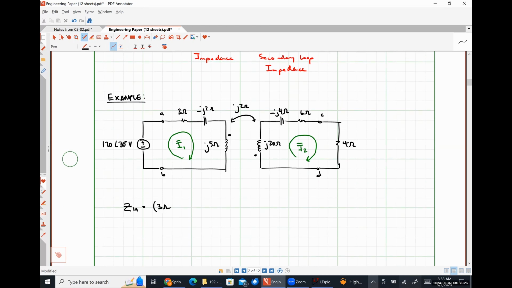What's the imaginary part? Positive or negative? Yep, so plus j3 ohms. Okay, so there's my primary loop impedance. We all okay with that? I firmly agree that positive j5 minus j2 is positive j3. So I'm good with that.